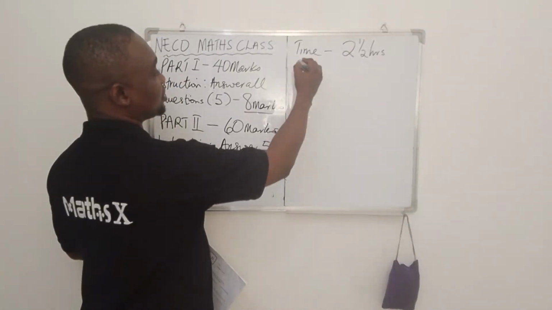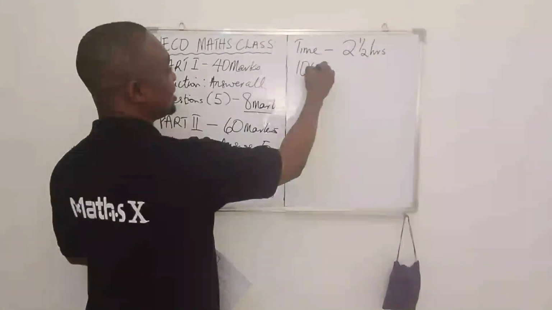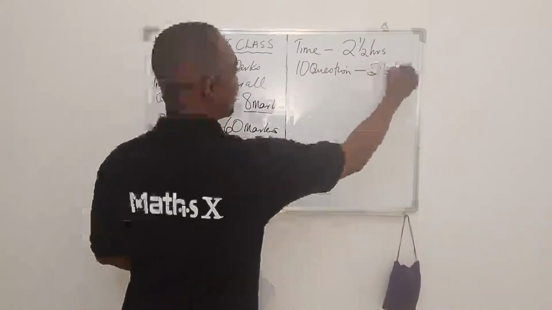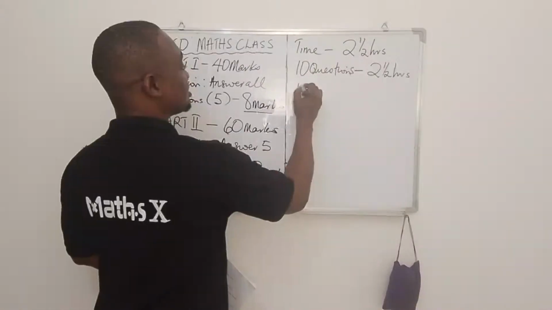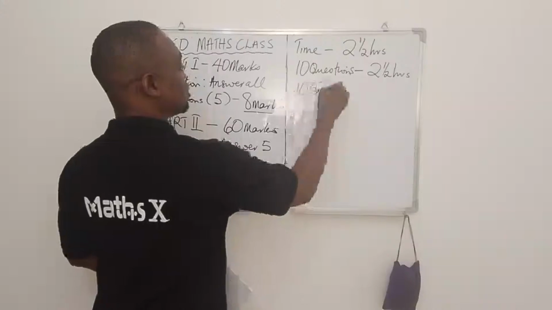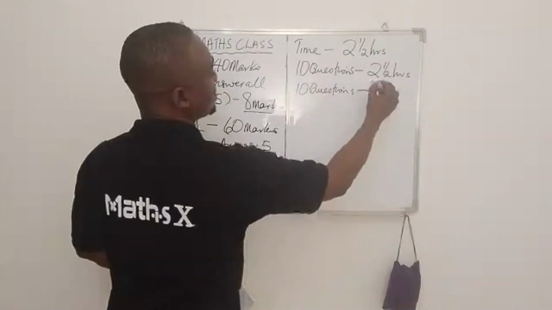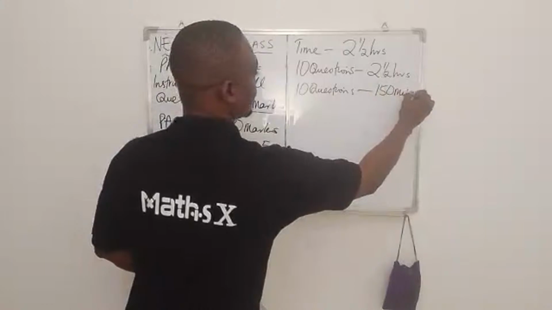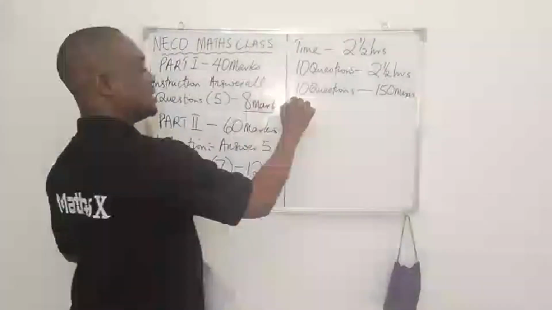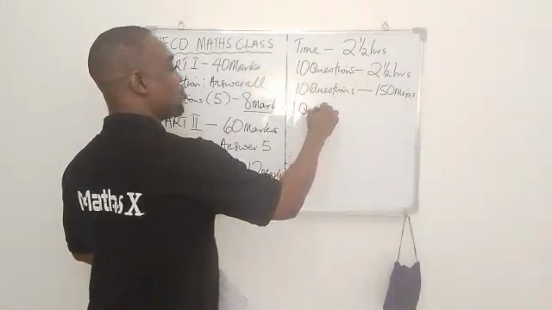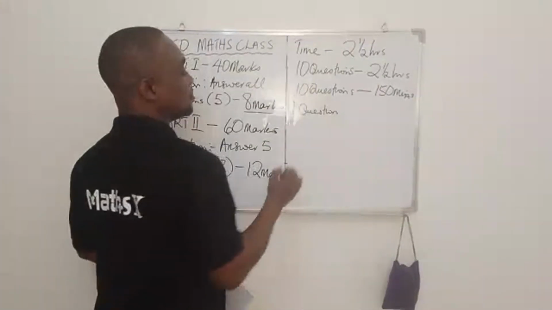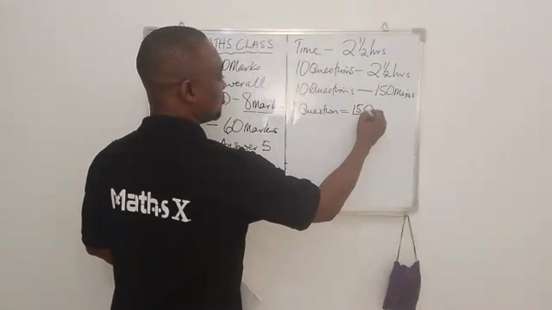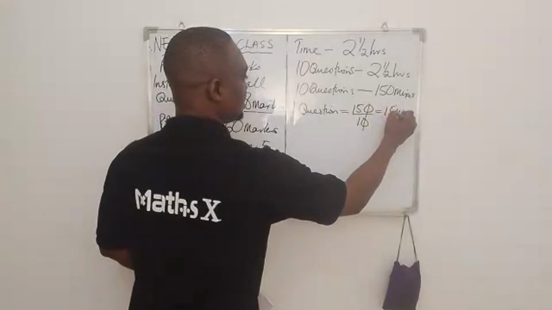So, my dear students and viewers, you are to answer 10 questions in this 2.5 hours. This translates to 10 questions in 150 minutes, meaning that for every one question you solve, you should do it within 150 over 10, giving you what? 15 minutes.